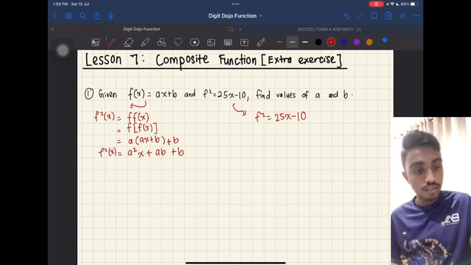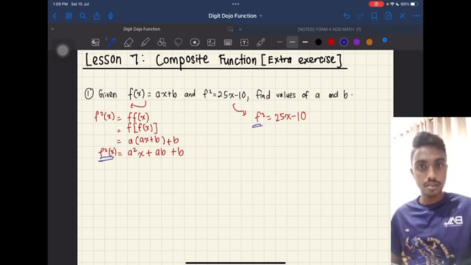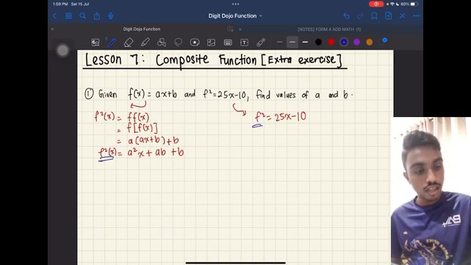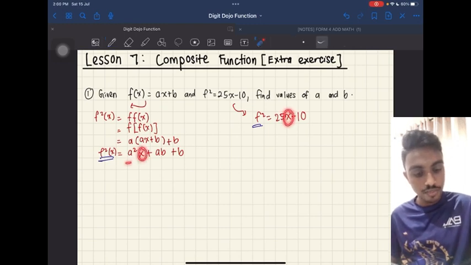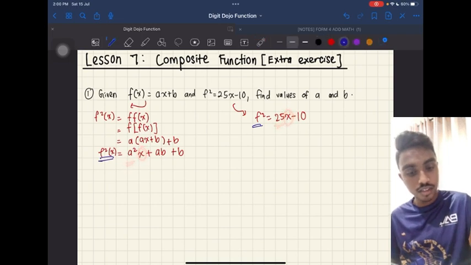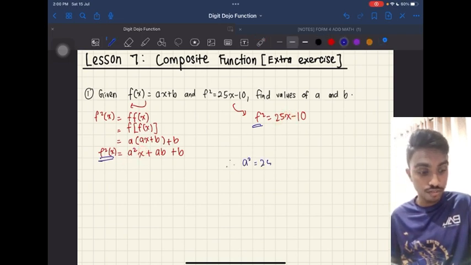So when we are having two f squared of x, we can compare. From here I can compare the coefficient of x: a squared here, it's 25, so I can tell that a squared is 25.